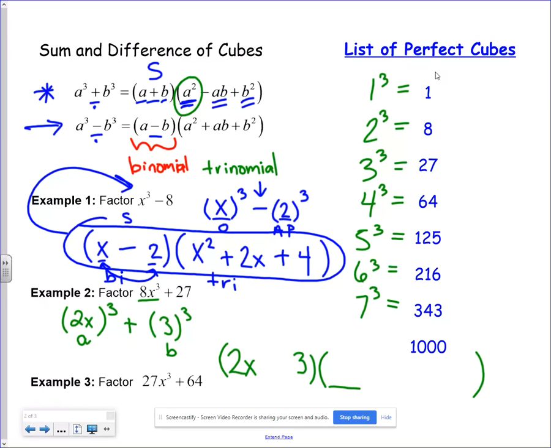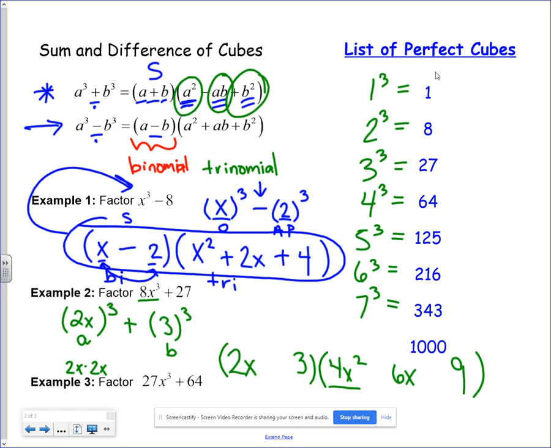So I'm going to take 2x times 2x, which is 4x squared. How do I get the middle term? Well, it's a times b. So it's going to be 2x times 3. 2x times 3 is 6x. And then how do we get the last value? We just take the b value and we square it. So 3 squared is 9.